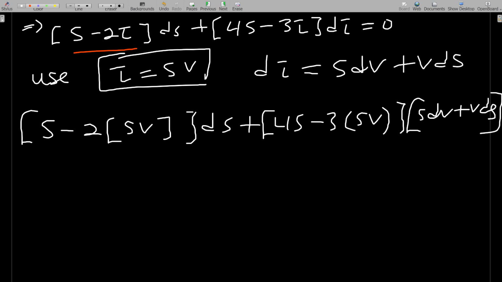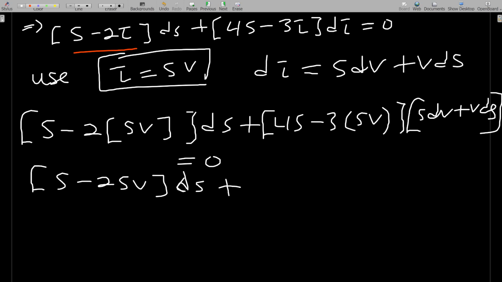I hope you can see, and this is equal to 0. So I simplify everything and I have (S minus 2Sv) dS.